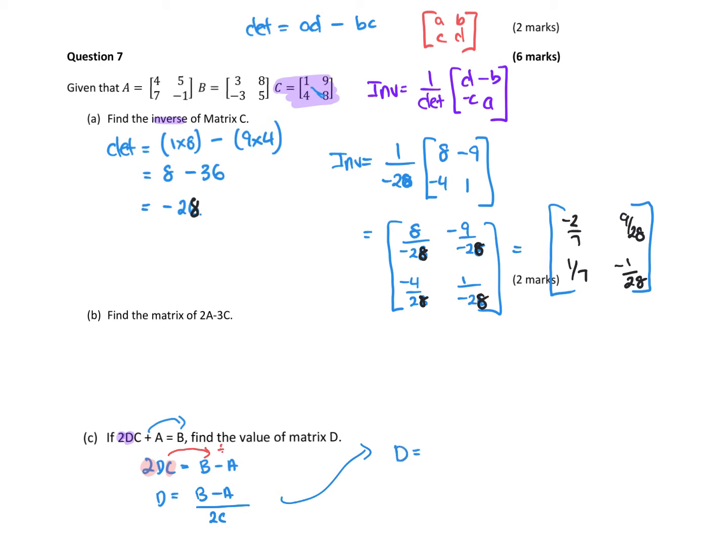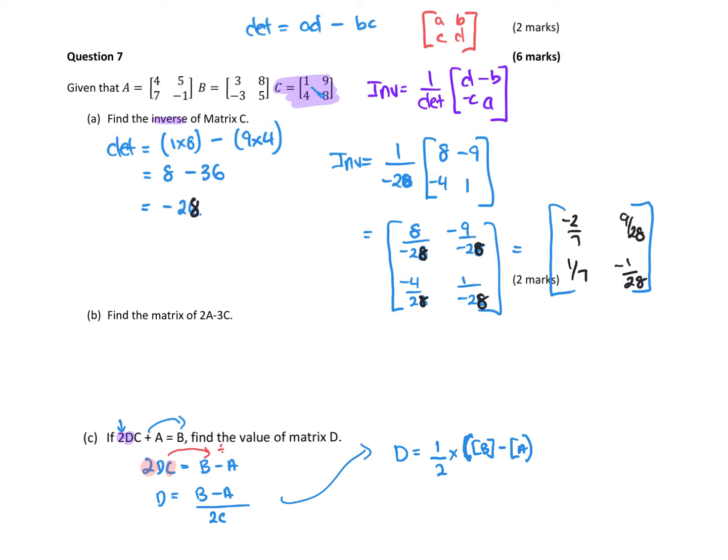So really what's going to happen is, because the 2's at the front, you'll still have 2 times matrix B minus A. You would have done that.